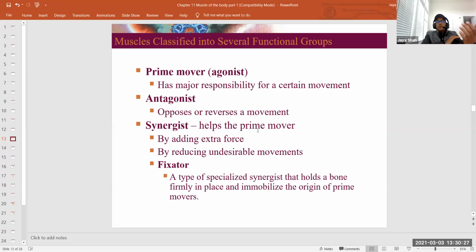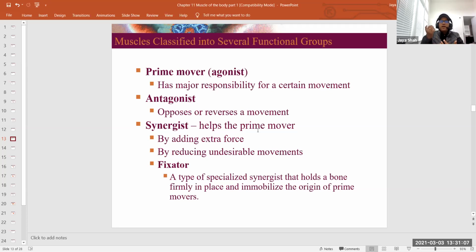For example, what is the main muscle which flexes our arm or elbow? Biceps brachii. So biceps brachii is the prime mover of elbow flexion. And any muscles which help to do this are agonist muscles. Under the biceps there is brachioradialis that also helps that job, so that is an agonist muscle. And the prime mover is also called an agonist muscle.